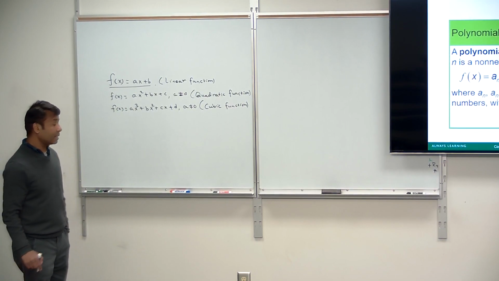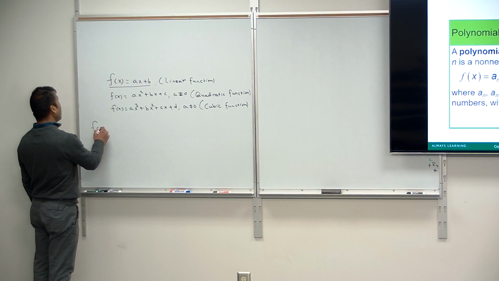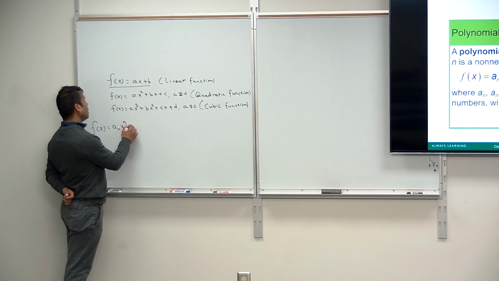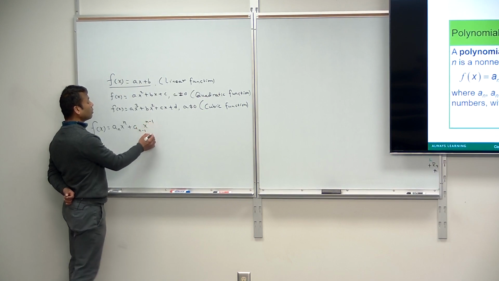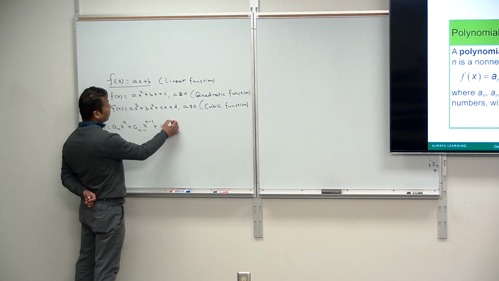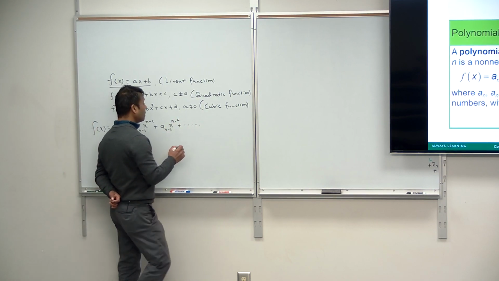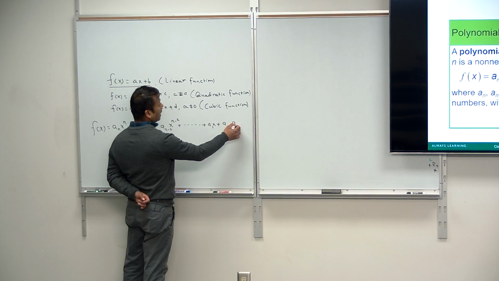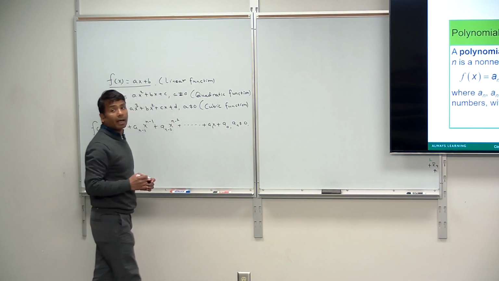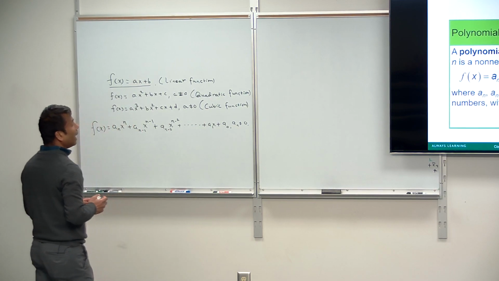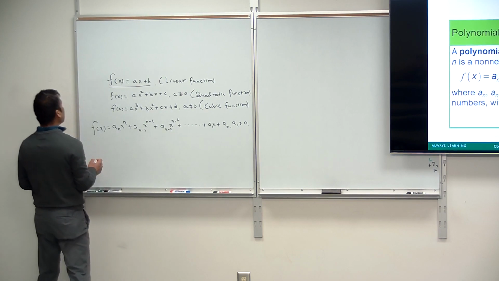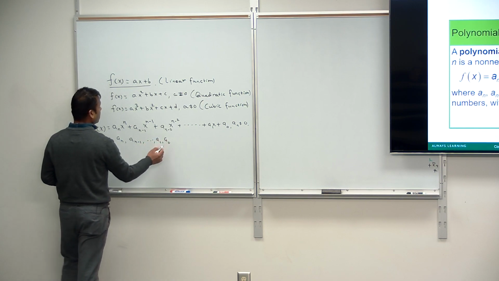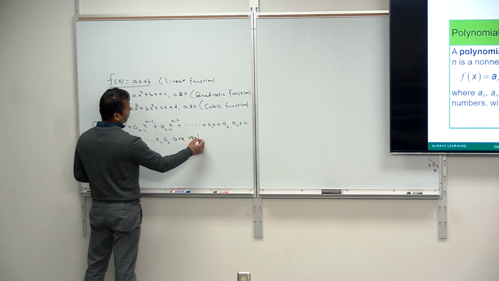But if you want to generalize the polynomial function of degree n, you can simply write f(x) equal to an x to the power n plus an minus 1 x to the power n minus 1 plus an minus 2 x to the power n minus 2 plus and so on, plus a1x plus a0, where an is not equal to 0, and an minus 1, all the way up to a1 and a0, are real numbers.